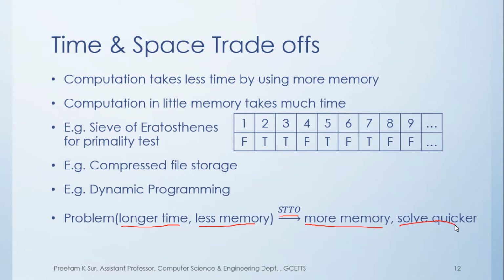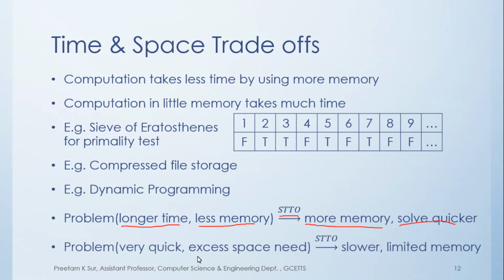Similarly, if you have an algorithm which is very quick but uses a huge amount of memory, like in terabytes, and you cannot allow that kind of memory in your computer, so that kind of excess space would be needed for this algorithm to execute quickly.